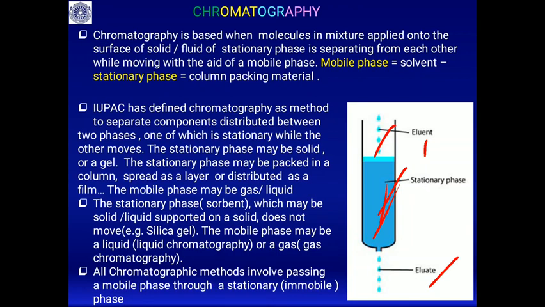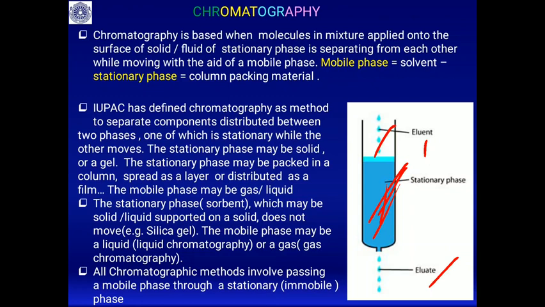The mobile phase may be a liquid in liquid chromatography, or it may be a gas in gas chromatography. The stationary phase is a sorbent which may be a solid, or it may be a liquid supported on a solid. It does not move, that's why it's called stationary.